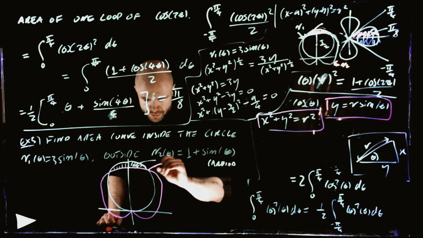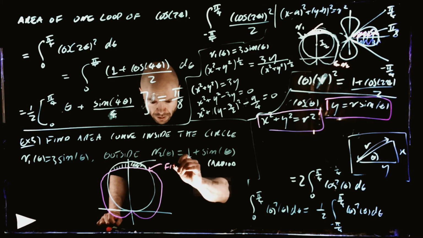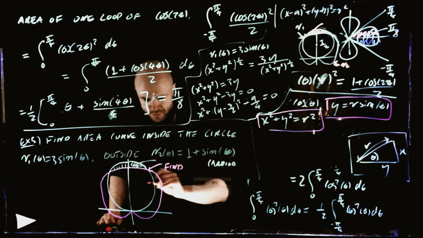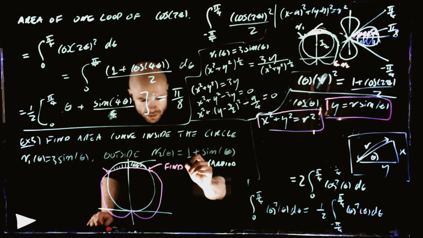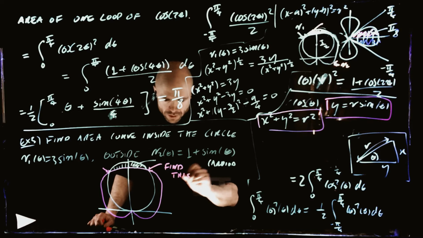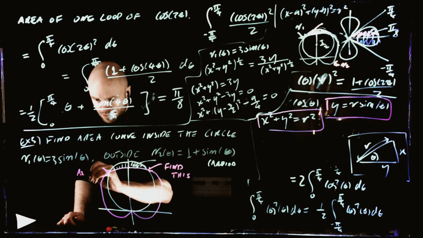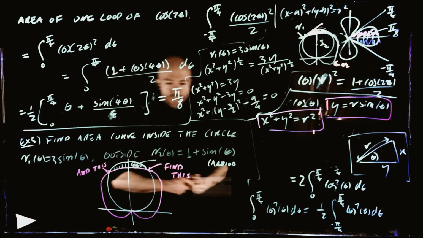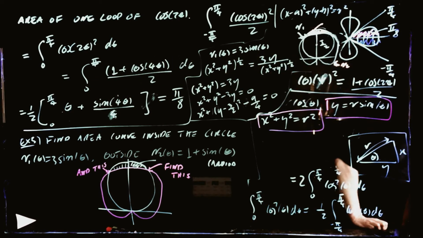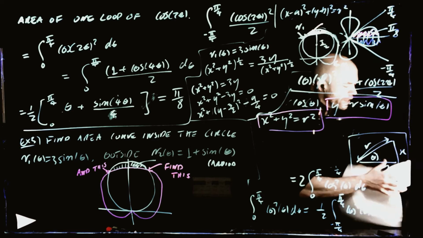Okay, so let's find where they intersect. How are we going to use that information? Once we find these points where they intersect, how is that useful practically in doing the calculation?